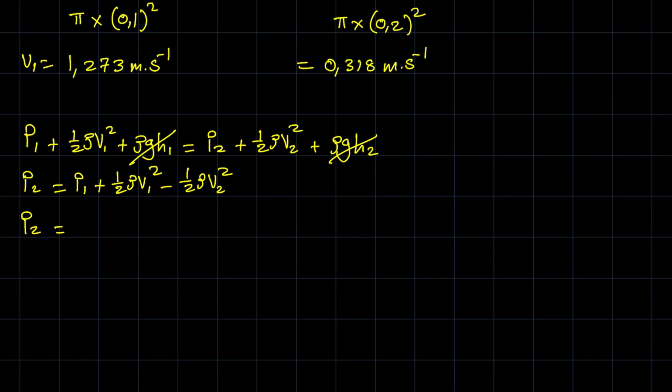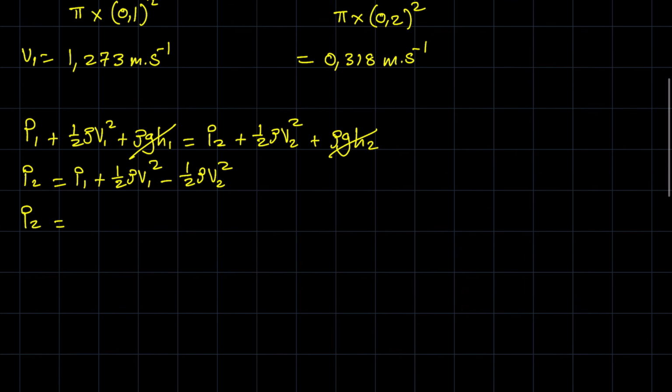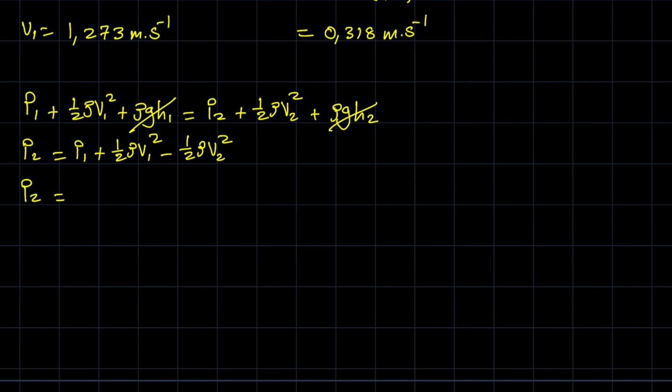P1 is equal to 20 kilopascals. Now in substituting, we have to make sure that the pressure is in terms of pascals. The 20 kilopascals is the same as 20 times 1000, so times 10 to the 3. Now this is in terms of pascals, plus half rho, where rho is the density of water. The density of water we take as 1000, unless it's been stipulated otherwise.